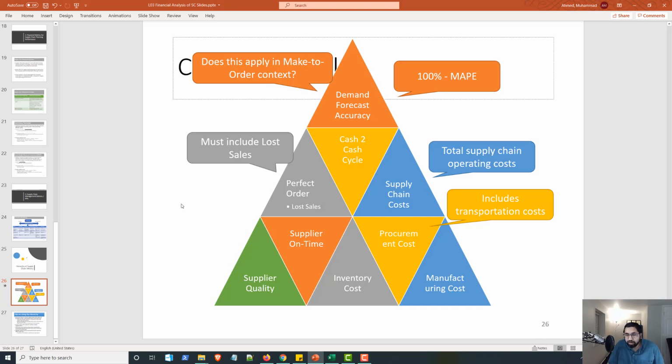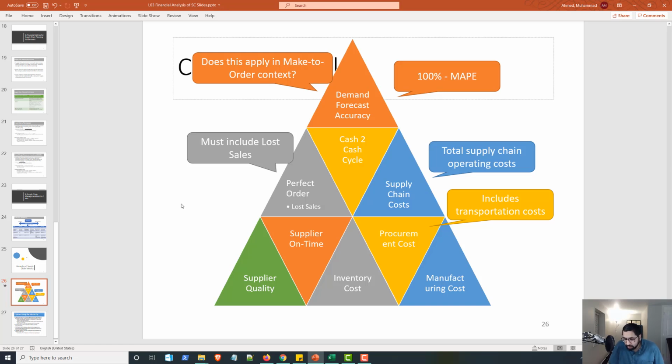Okay, a perfect order is defined as the customer wanted something and you gave it to them on the customer's terms. If the customer wanted it today, you gave it to them today. There was no back order, there was no stock out, there was no late delivery, there was no damaged good delivered to the customers. All of these things that happen or can happen mean it was not a perfect order.